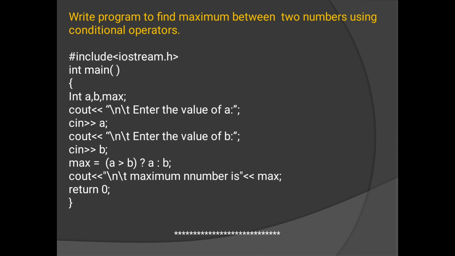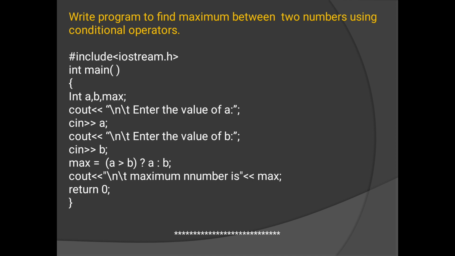Finally, after you get that value, using the C output stream you display the maximum number is, and then the variable in which it is stored will be called, and you will get the value. Clear? And then finally, return 0. The main function returns an integer value denoting successful termination of the program.